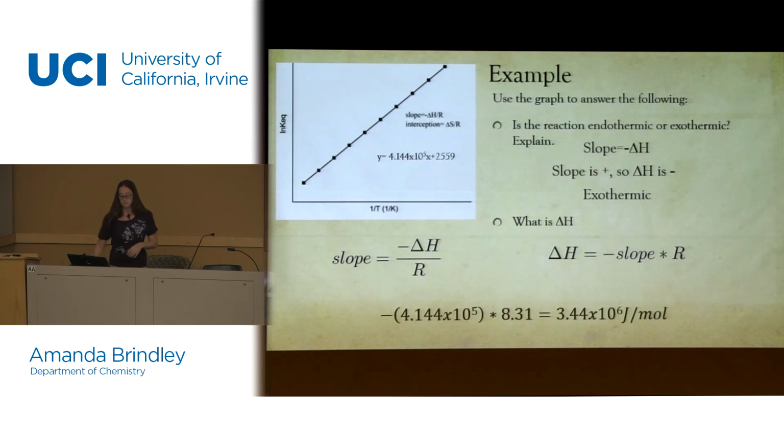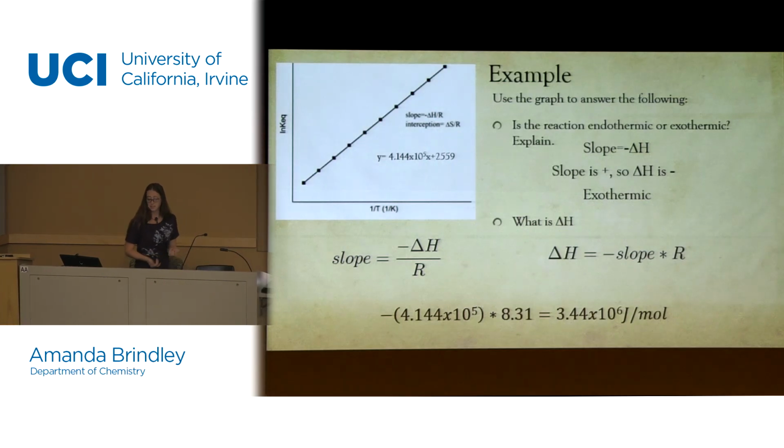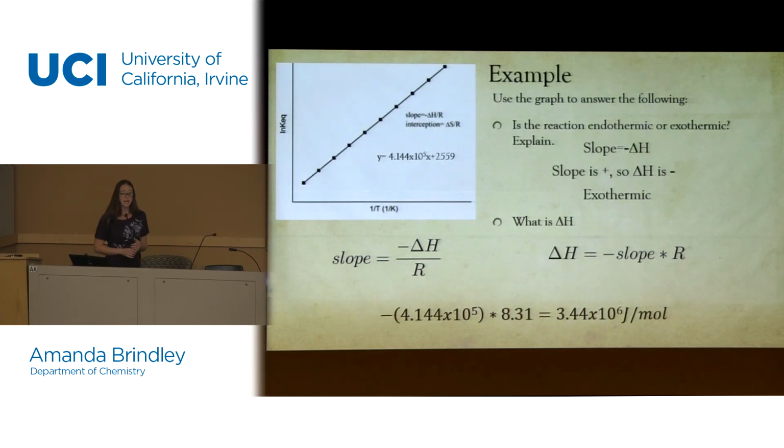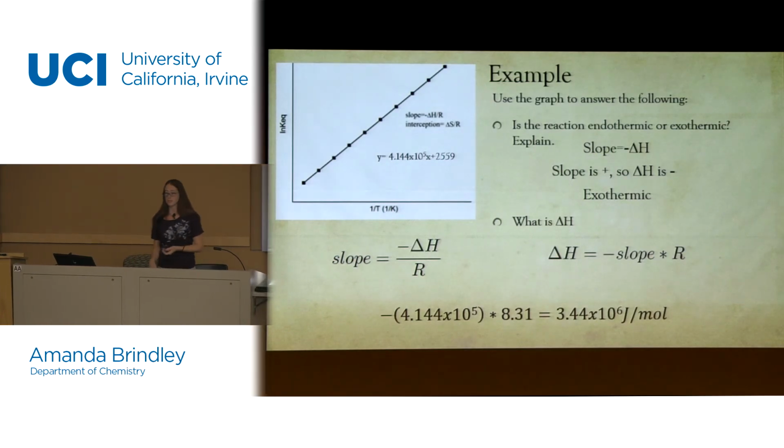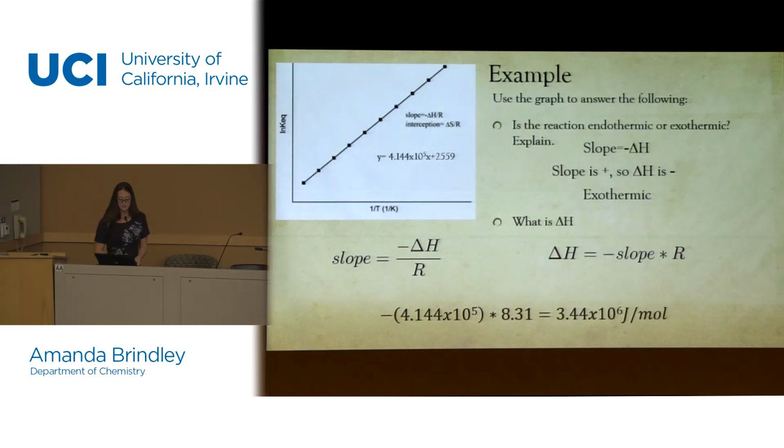Okay, and we get our answer. And it's really big. That's not particularly surprising, right? Because what do we normally use for units on delta H? When you look them up in tables, they're generally in kilojoules. So the fact that it's huge isn't a big deal. That's pretty standard. Okay. Hopefully that clarifies that a little bit.